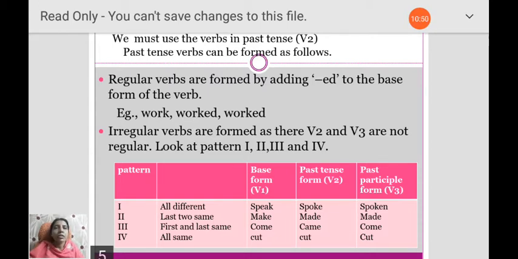So first, there are two kinds of verbs. How many kinds did I tell you? Two kinds, that are given in bullets: regular verbs and irregular verbs. When do you call a verb regular?